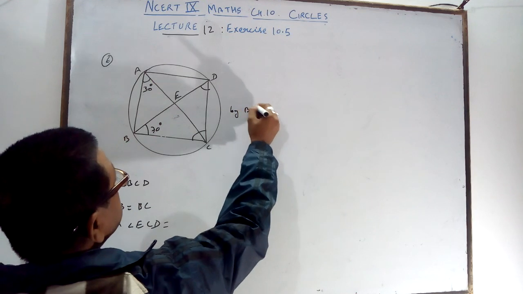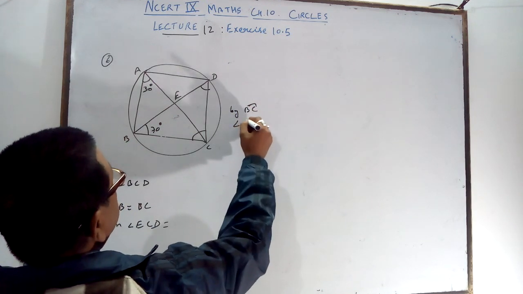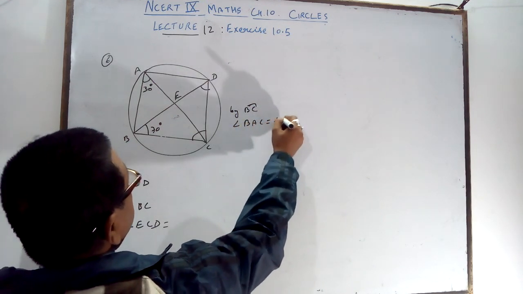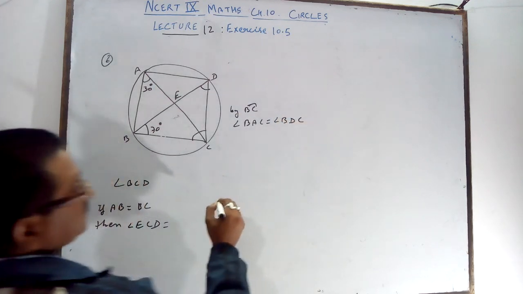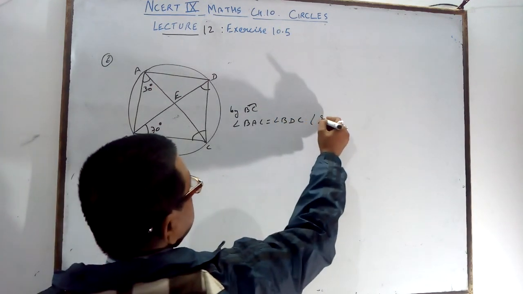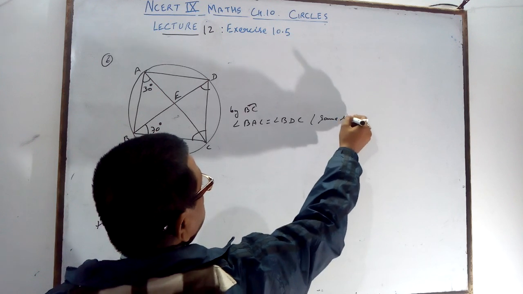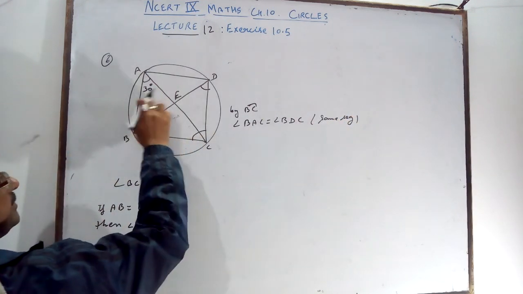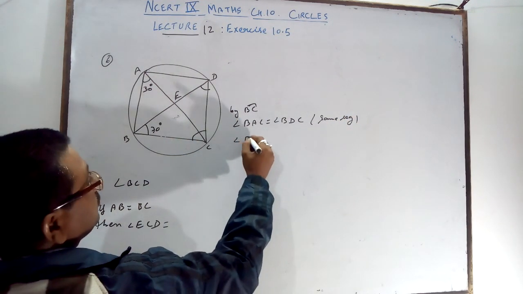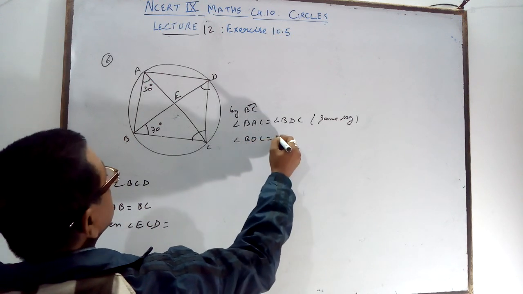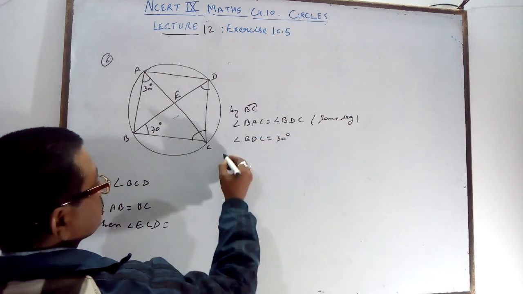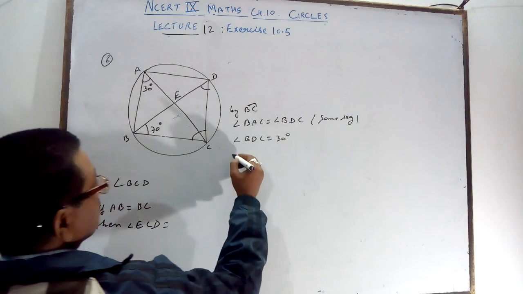By arc BC, angle BAC is equal to angle BDC, same segment. This angle is equal to this. So angle BDC is equal to 30 degrees.